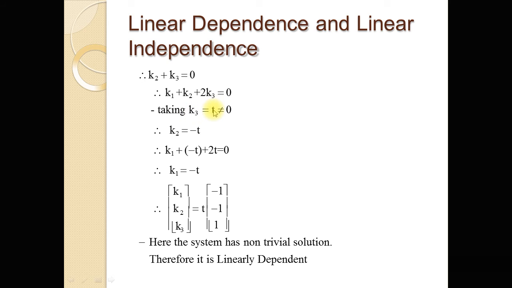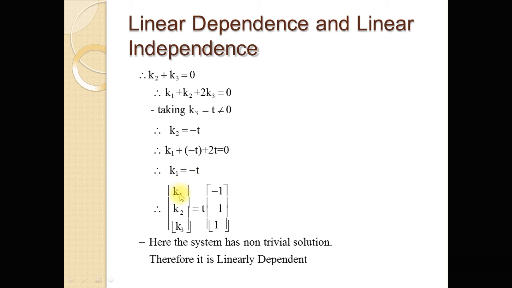K3 is equal to t, any real number. So putting k3 equal to t in the equation k2 plus k3 is equal to 0, we obtain k2 equal to minus t. Now putting the value of k2 as minus t and k3 as t in this equation, we obtain k1 minus t plus 2t is equal to 0. Now k1 is equal to minus t.